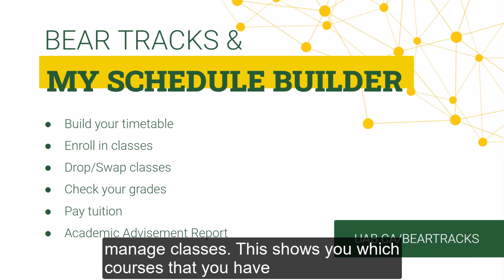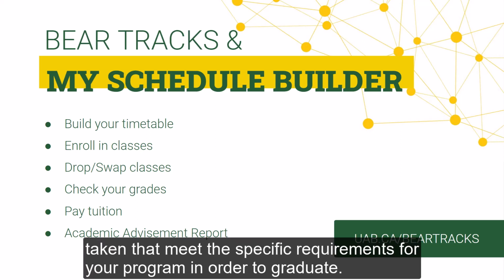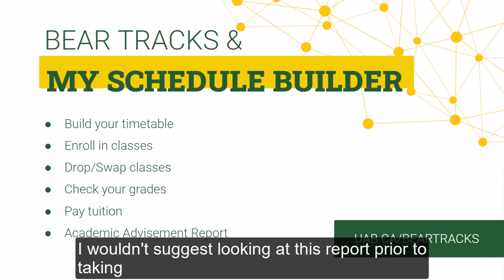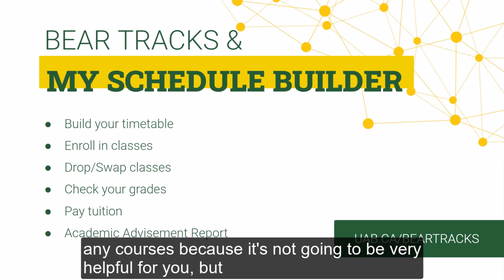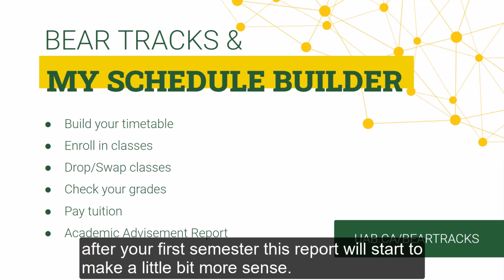This shows you which courses that you have taken that meet the specific requirements for your program in order to graduate. I wouldn't suggest looking at this report prior to taking any courses because it's not going to be very helpful for you, but after your first semester, this report will start to make a little bit more sense.